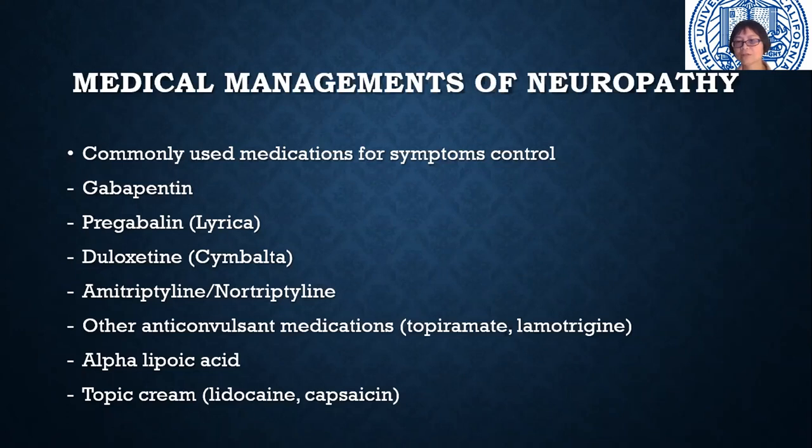Some patients do not like to take medications because of the side effect profile, so we also recommend certain types of topical cream. Lidocaine and capsaicin creams are the commonly used ones. Those topical creams will not be long-lasting, but will be helpful, especially for patients who have significant side effects to the oral medications.